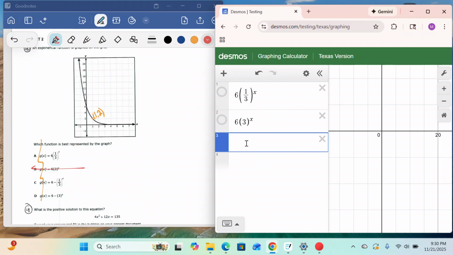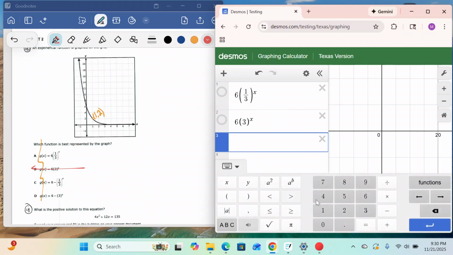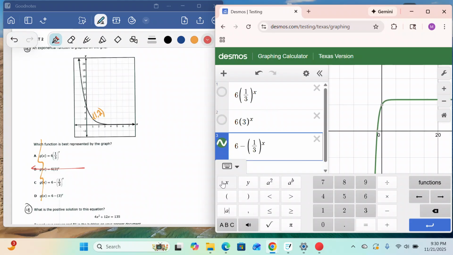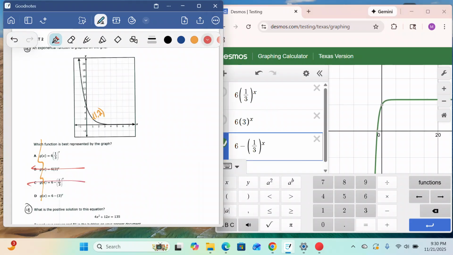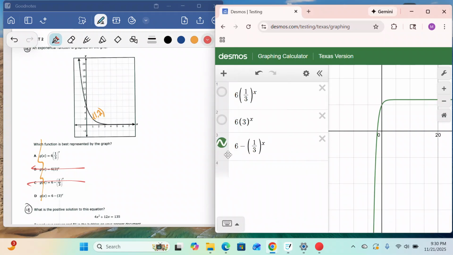My third one is 6 minus open parentheses 1 divided by 3 close parentheses, raised to the x, and that one is backwards. That one is also one I'm going to get rid of.